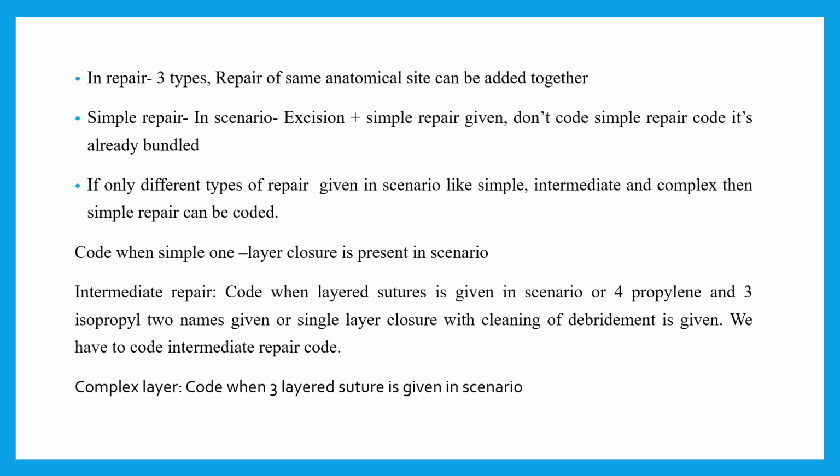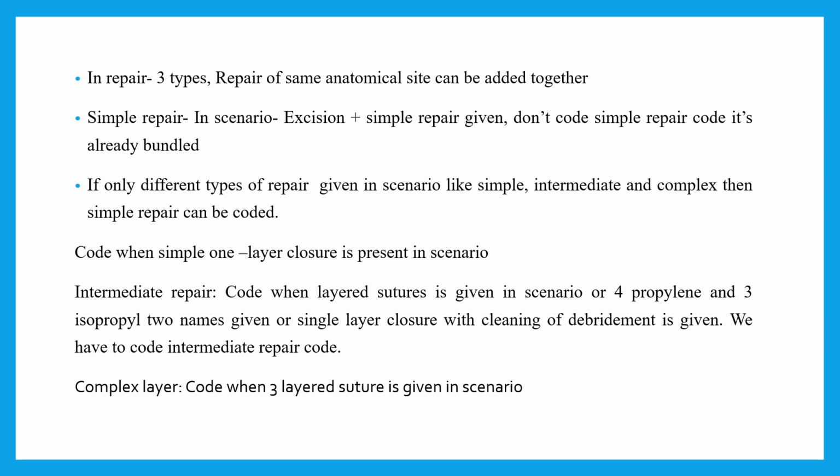Intermediate repair: code when layered sutures are given in the scenario, or 4 propylene or 3 isopropyl, two names given, or single layer closure with cleaning or debridement is given. One layer closure is simple, but single layer closure with extensive cleaning or debridement is intermediate repair. So you should look for the key terms.